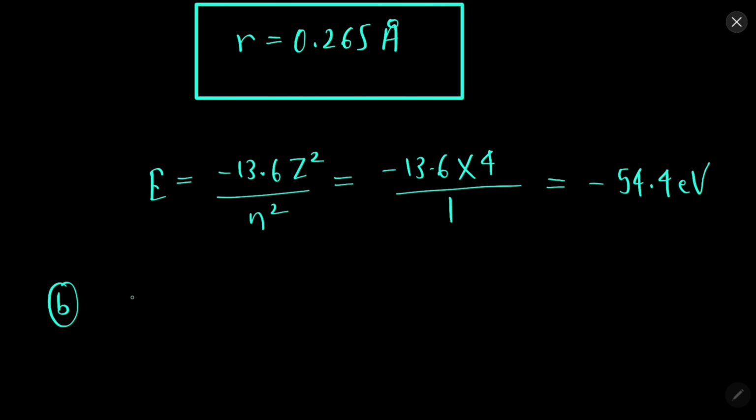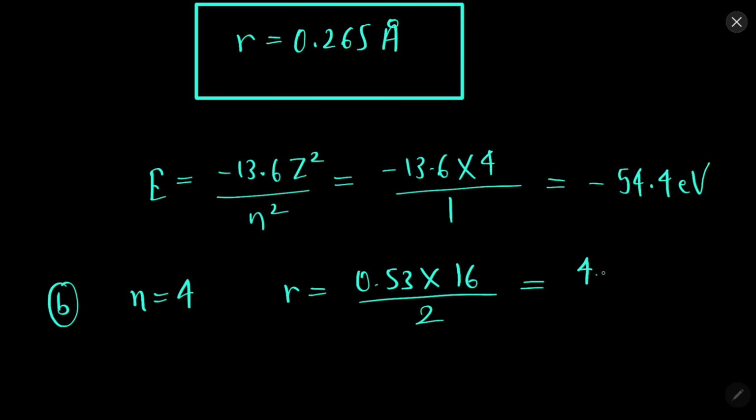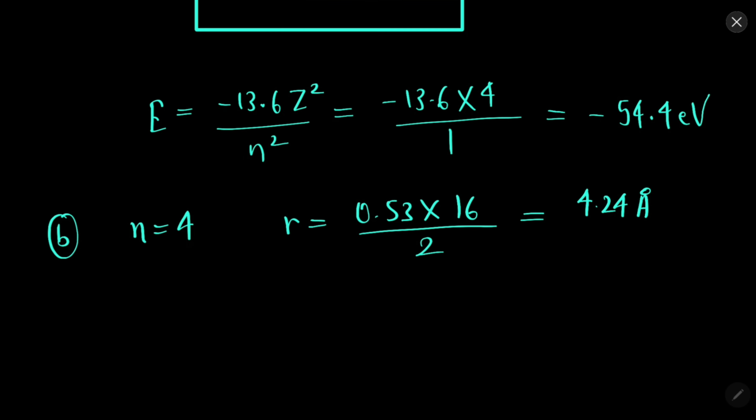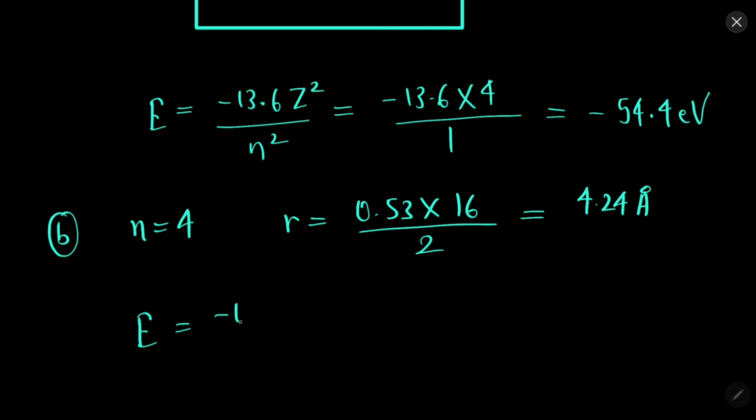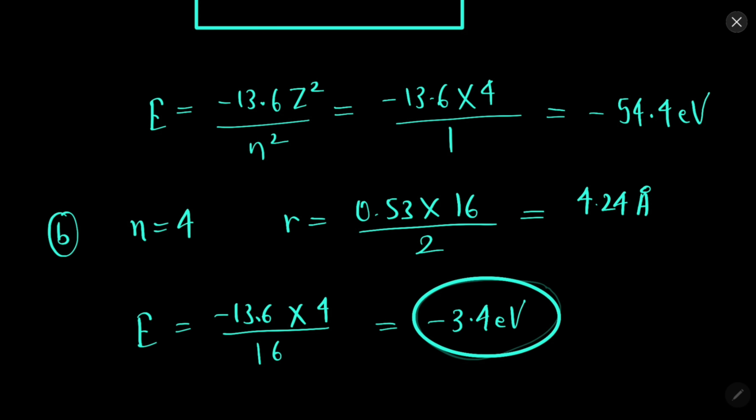Next, B part, here n will be 4, so radius will be 0.53 into 4 square, which is 16, over 2, the atomic number, so it will be 4.24 angstrom, and energy will be minus 13.6 into 4 over 16, so it will be minus 3.4 eV.